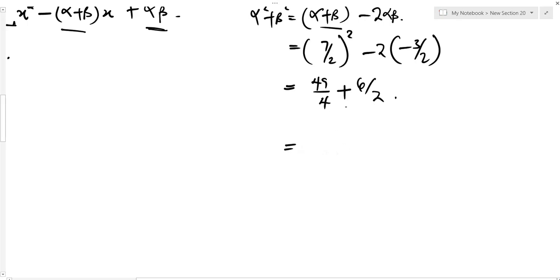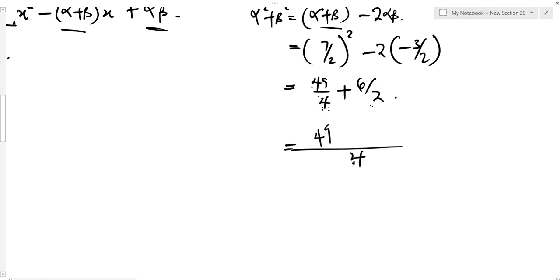The LCM of 4 and 2 is 4. 4 divided by 4 is 1, times 49 is 49.